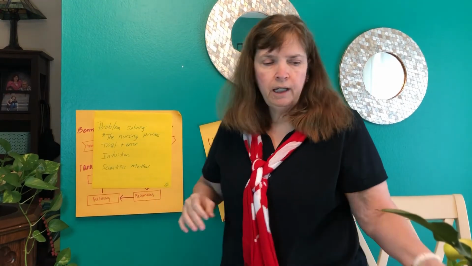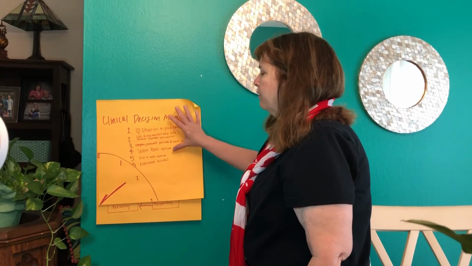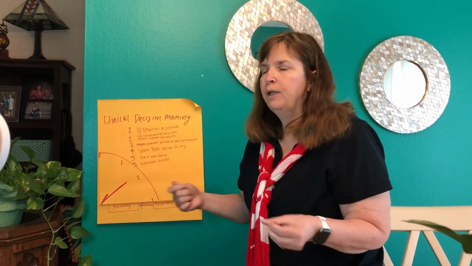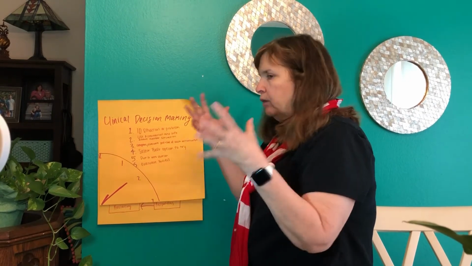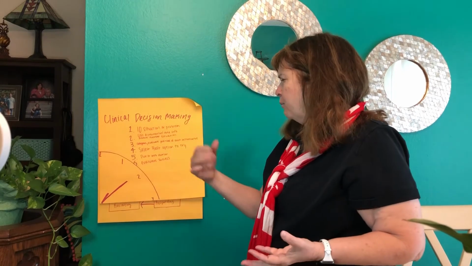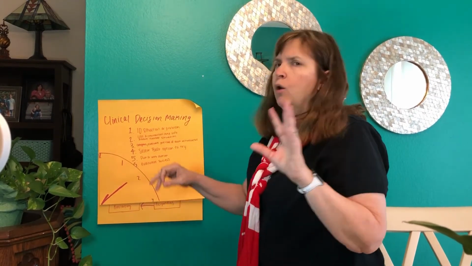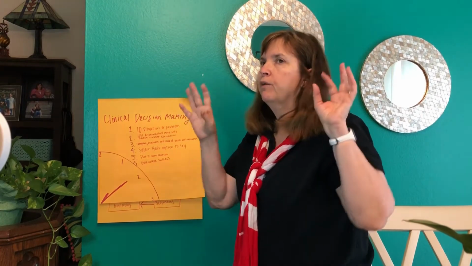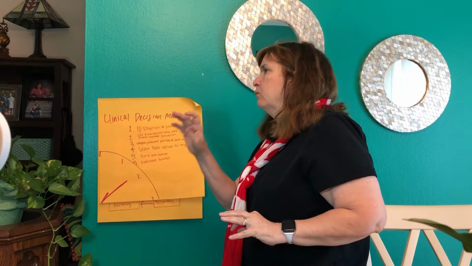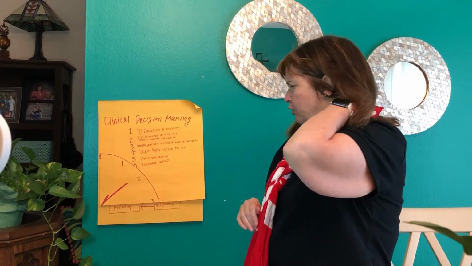Clinical decision making follows a step-by-step process. We're going to start by identifying the situation or the problem. We look at what the problem is. We're going to list alternatives and information about the current situation. We're going to compare and evaluate: what are the pros of doing something, what are the cons of doing something, what are the pros of not doing something, what are the cons of not doing something, for each of the alternatives.